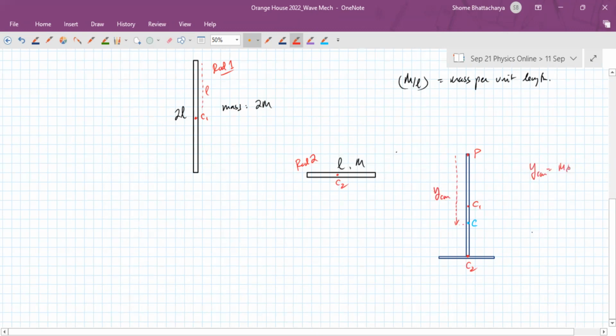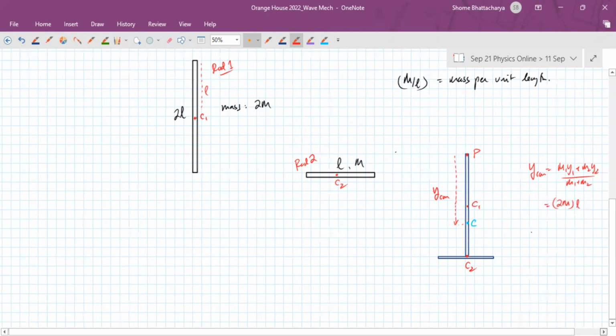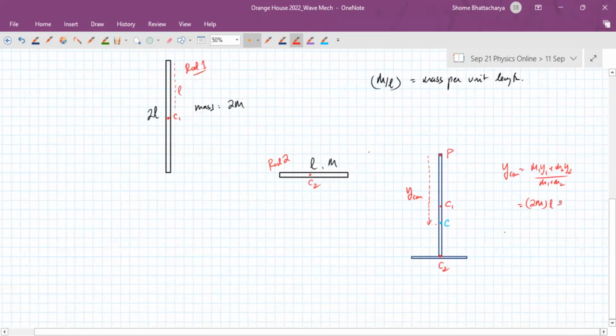We use this kind of principle here. 2m into L plus m into 2L.